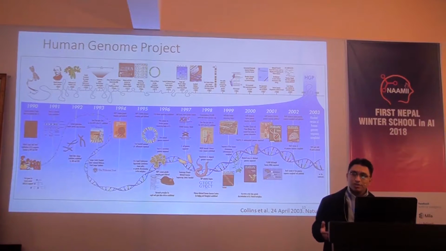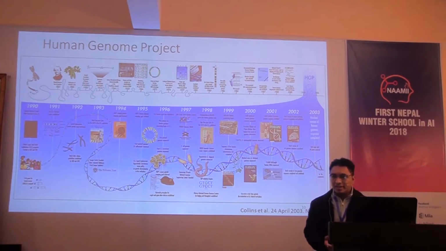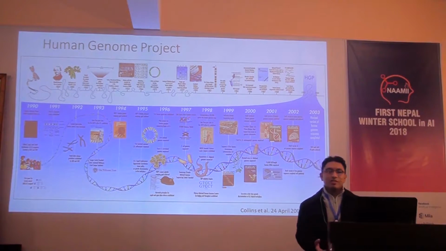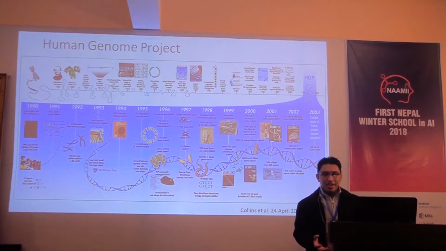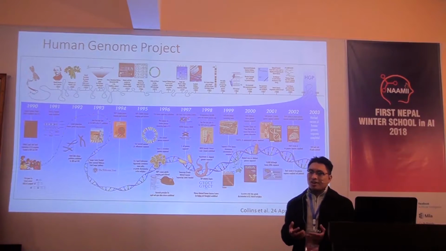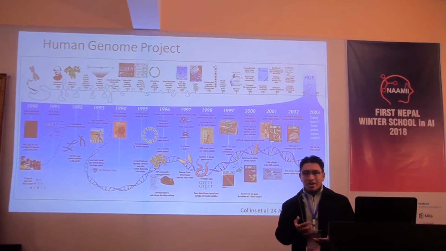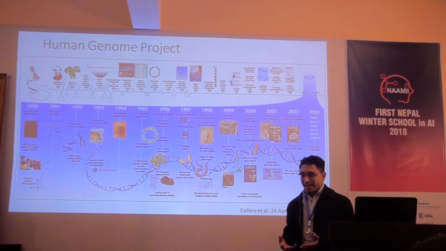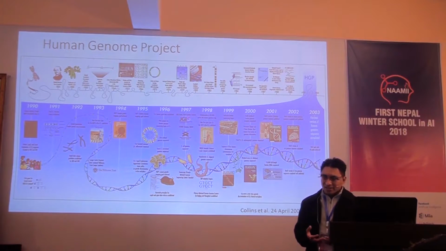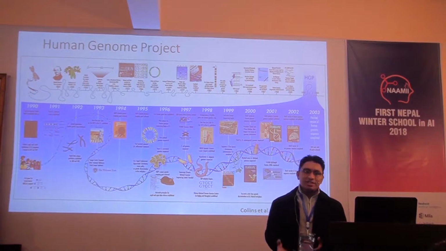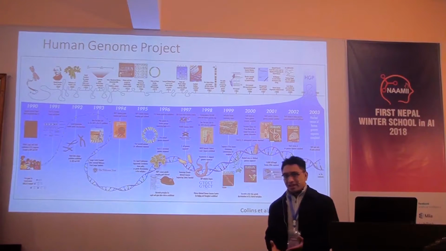Right? Just prior to this project, biologists used to only deal with one gene or two genes or a very handful of genes, and they did not require lots of computational power to analyze the data. So from the 1990s, when they started sequencing the human genome, they were dealing with a massive amount of data. Right?